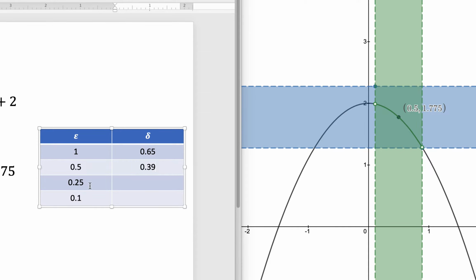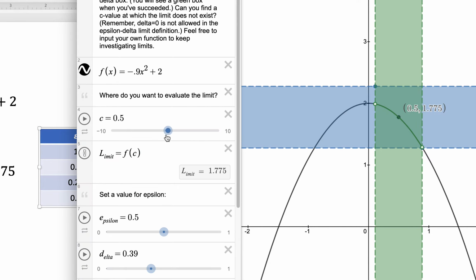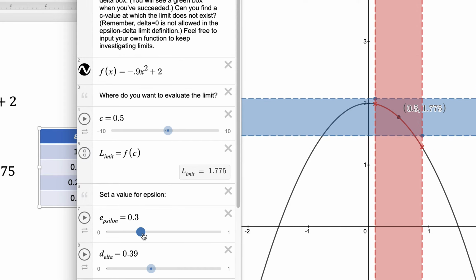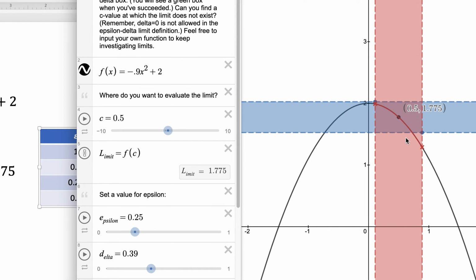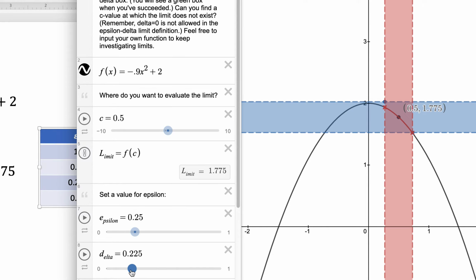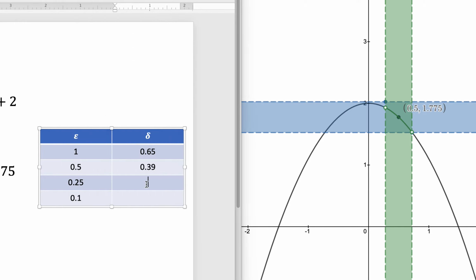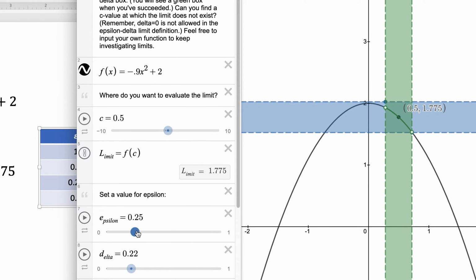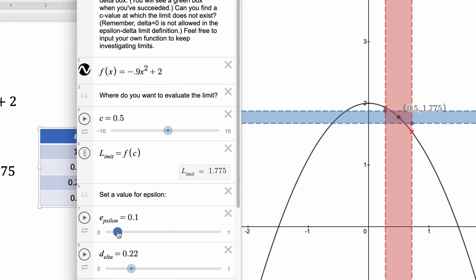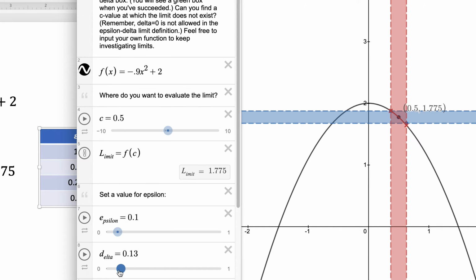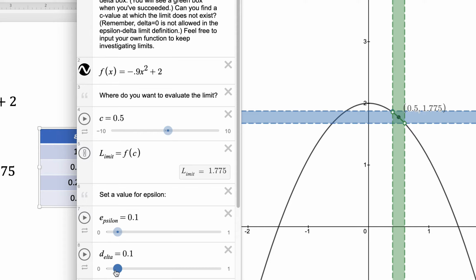Now I want to try a smaller epsilon of 0.25. Notice the delta I had before doesn't work, so I'm going to shrink that down. Okay, there it worked, 0.22. Now I want to try a smaller epsilon, 0.1. Notice this delta doesn't work, but I can get a smaller one that does.